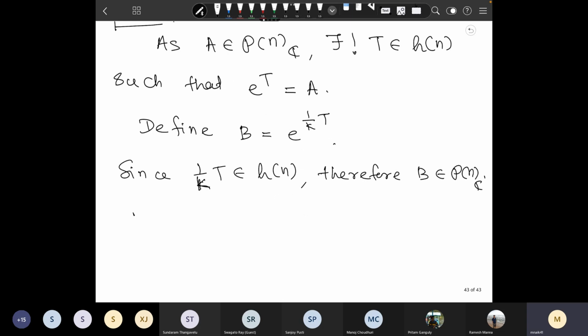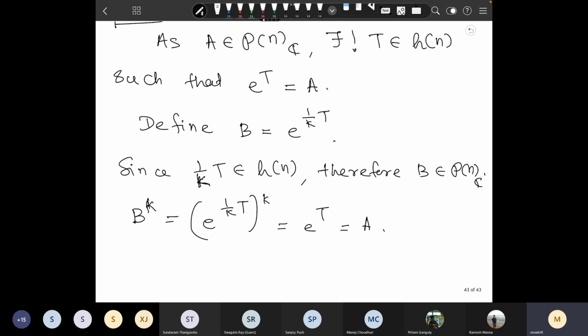So now what is B to the power k? B to the power k is (e to the power (1/k)T) to the power k. This is e to the power T, which is nothing but A. Now I want to do uniqueness.